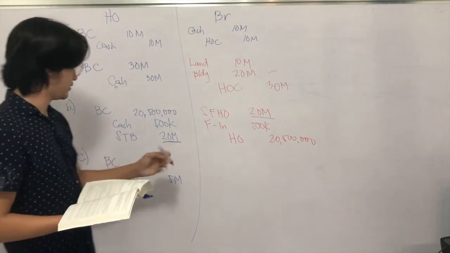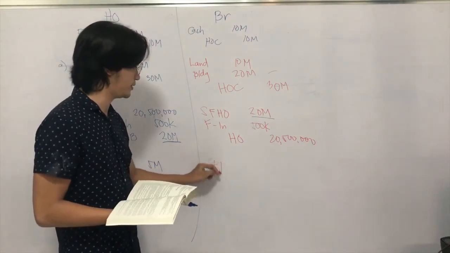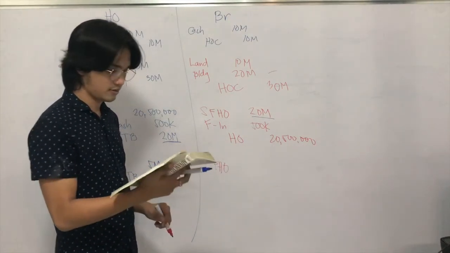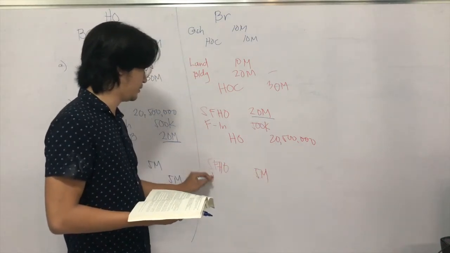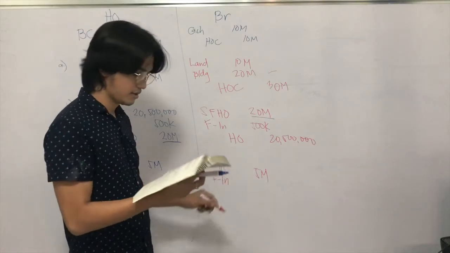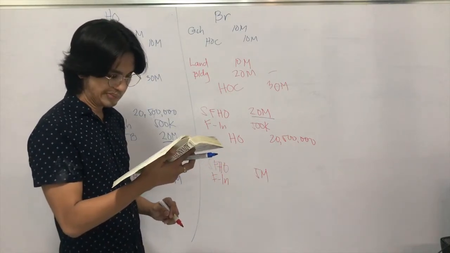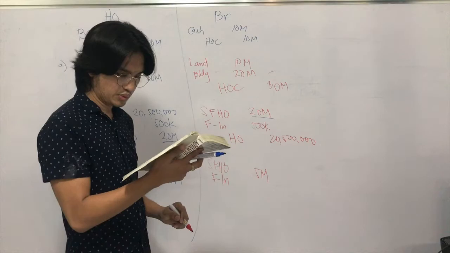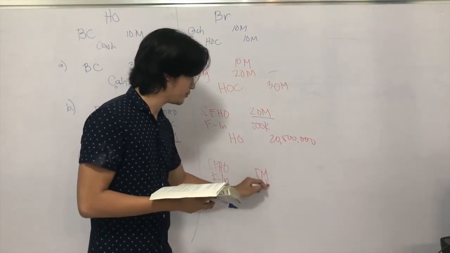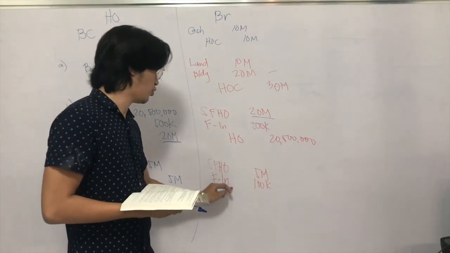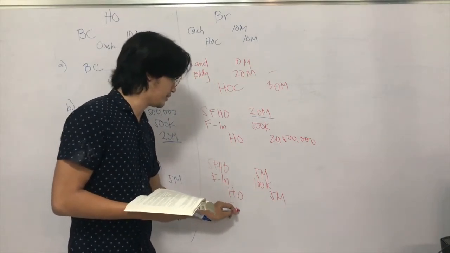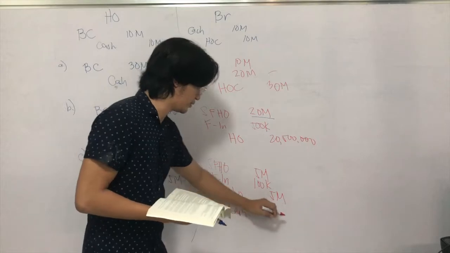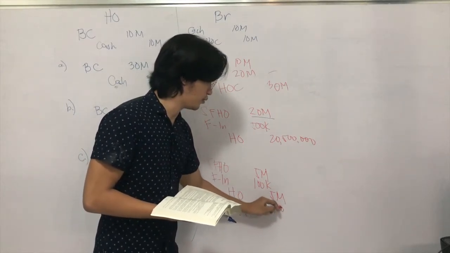As for the branch, you debit shipments from home office amounting to 5 million. Freight in amounting to 100,000. Credit home office only 5 million, and credit cash 100,000.